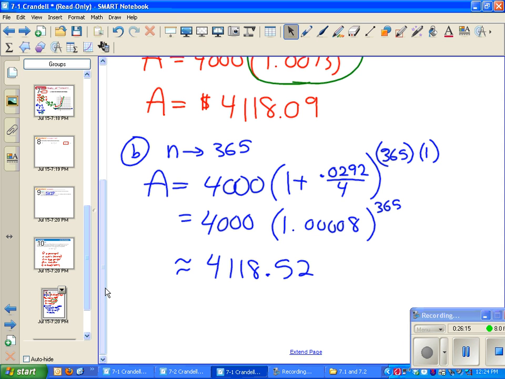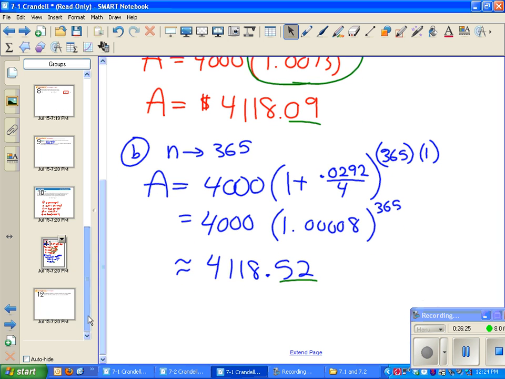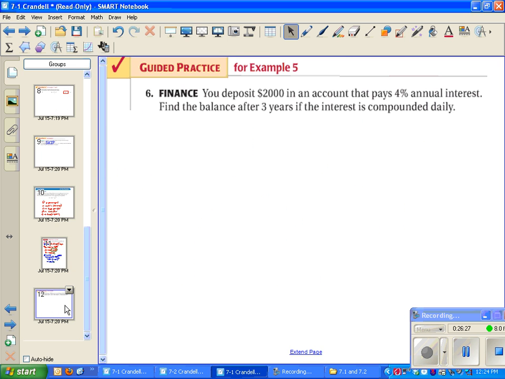Well, you made a little bit more, 52 cents as opposed to 9 cents. But that's how interest compounds. Okay. All right. And then for number 6, you can totally do that, but instead of time being 1 year, now it's going to be 3 years. And it's going to be compounded daily, so it's like example B. And that is the end of this lesson.